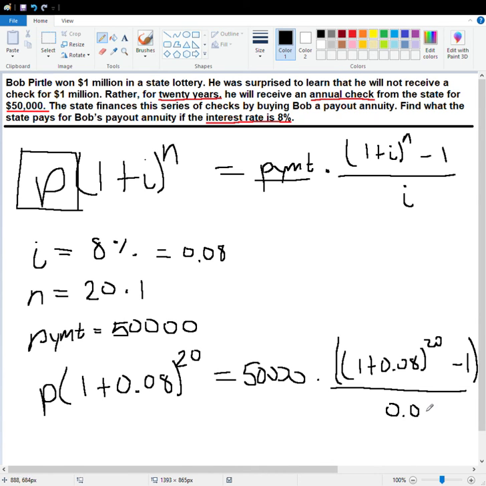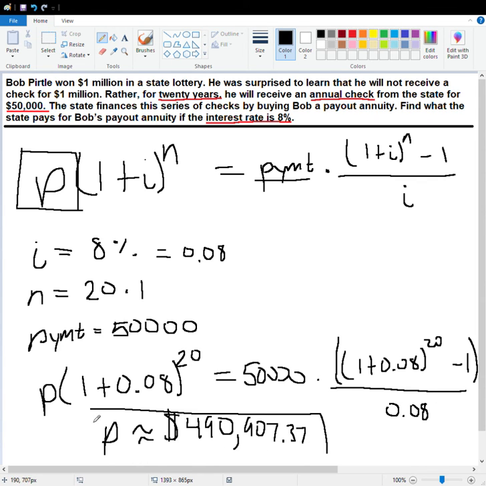Putting this into the calculator, we will get P is roughly equal to, in dollars, 490,907.37. You can put this into the calculator and check the answer yourself.